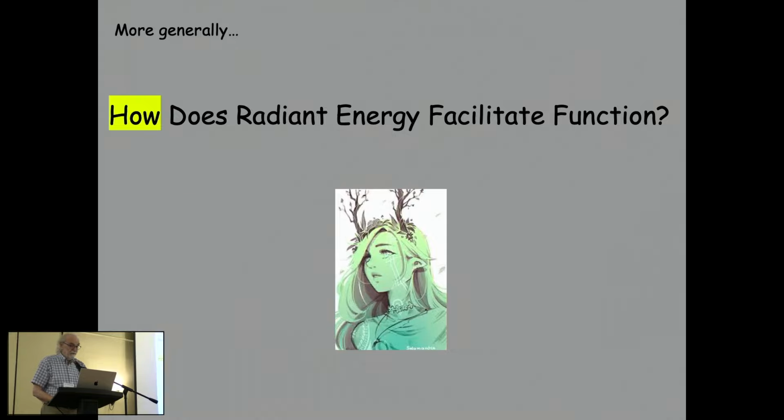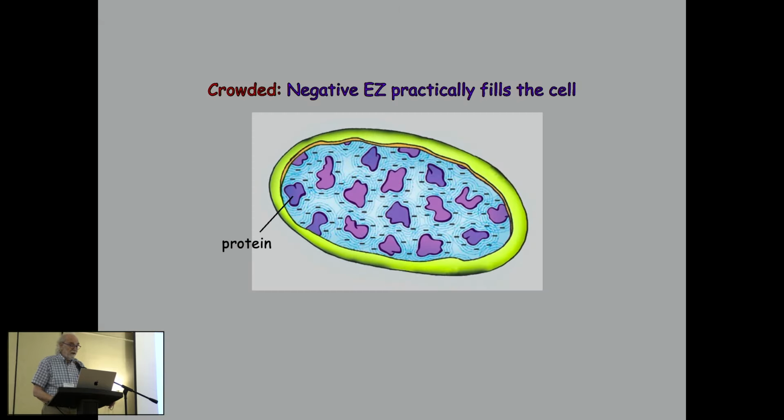How exactly does it work more generally? Well, remember I said the cell is crowded, that negative EZ practically fills the cell. And the way potential energy is actually used by the cell is that the cell is filled with negative charges.